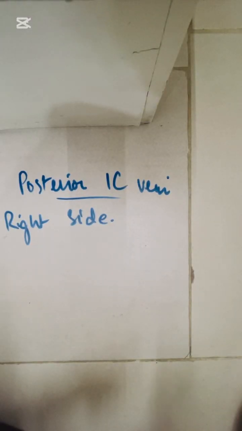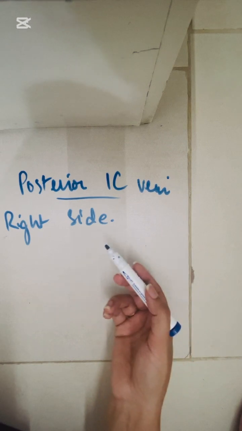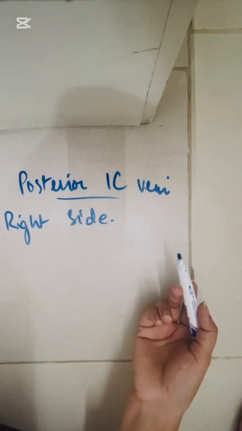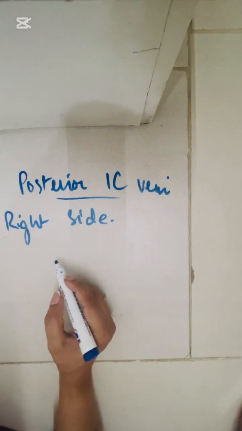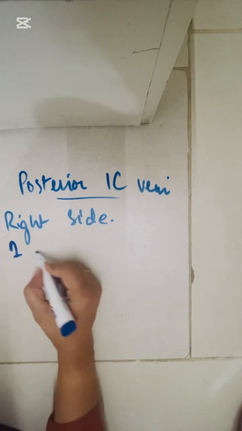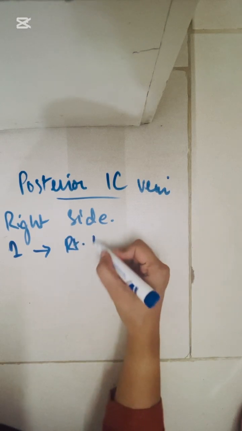Now coming to the posterior intercostal vein. The posterior intercostal vein drains differently on the right side and the left side. Talking about the right side, the posterior intercostal vein number 1 drains into the right brachiocephalic vein.